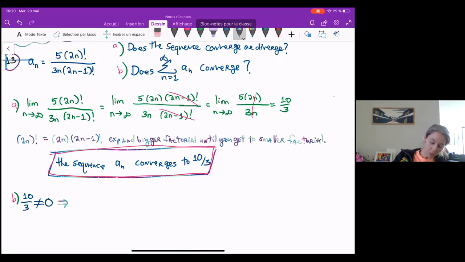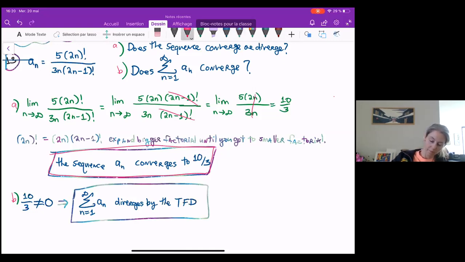So the fact that it doesn't equal 0 tells me that this series diverges by the test for divergence. And remember, the test for divergence fails if the limit as n goes to infinity of a sub n equals 0.